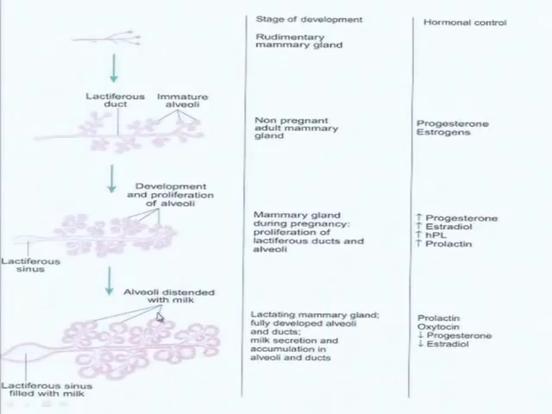Later during pregnancy, they mature and distend. Later during the time of lactation, they distend. Milk is produced in this gland. The milk is produced in these alveoli, and it comes down to the lactiferous sinus, and the milk is delivered at the nipple.